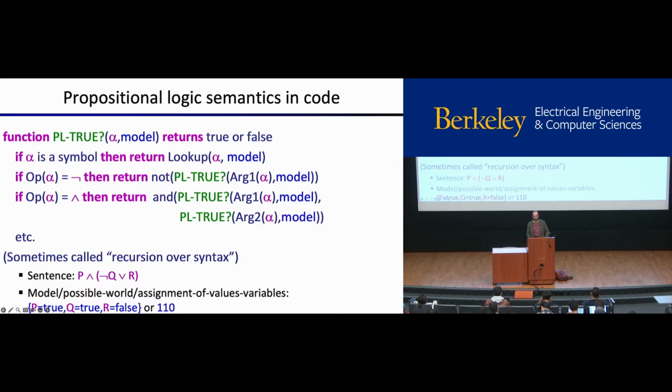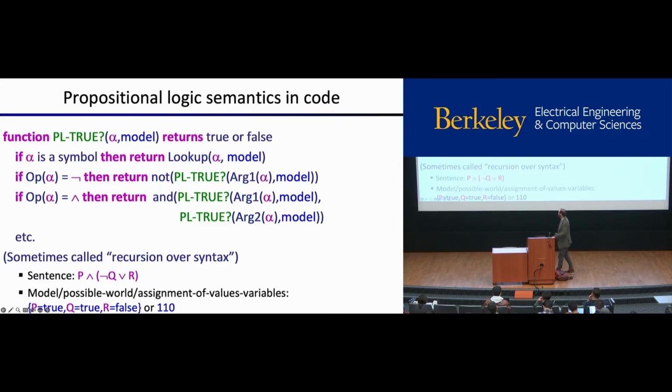Any other questions, either for this slide or for previous ones? Okay. So here's an example sentence: P and not Q or R. Here is a model, a possible world, an assignment of values to variables: P is true, Q is true, R is false, or just 1, 1, 0.